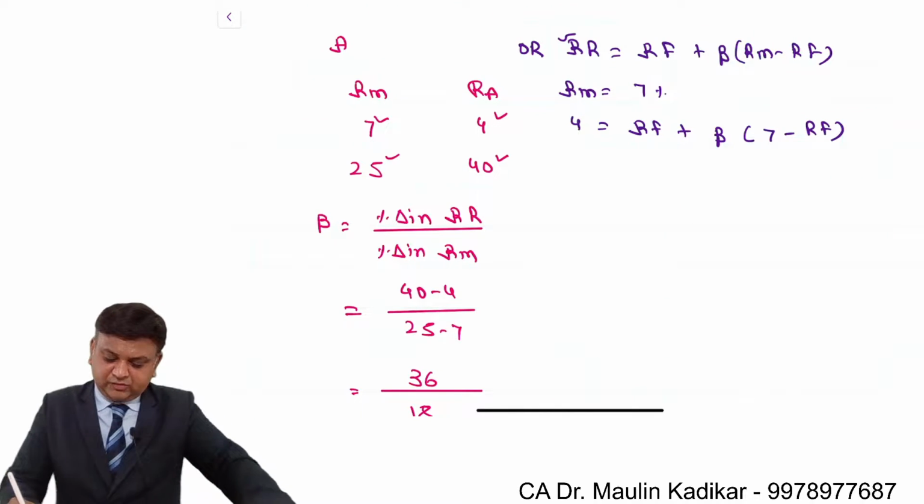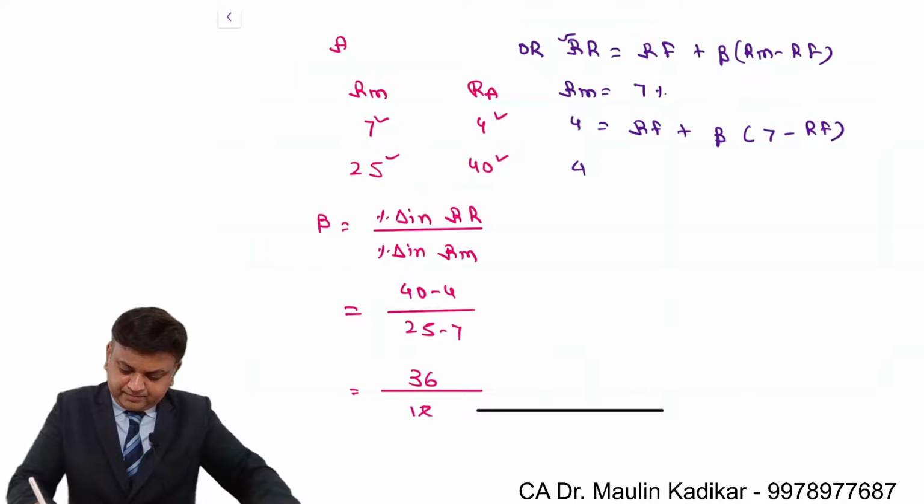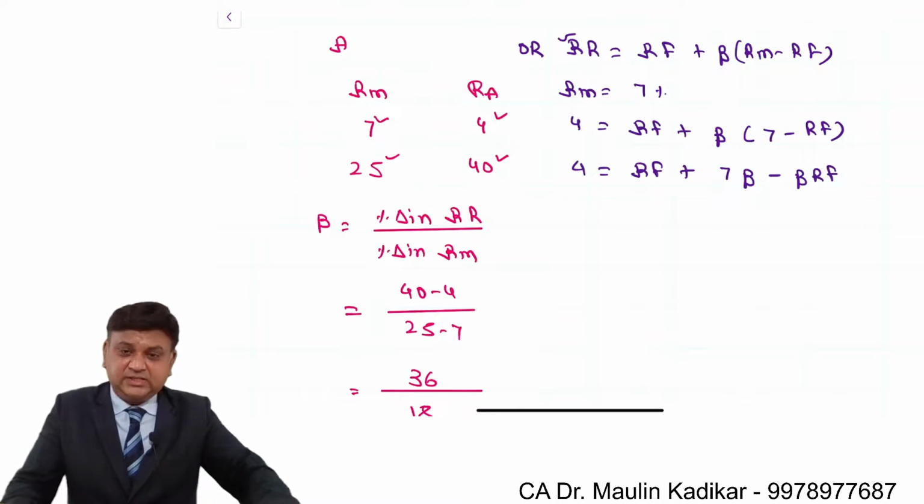So 4 is equal to RF plus 7 beta minus beta RF. This is equation number 1.